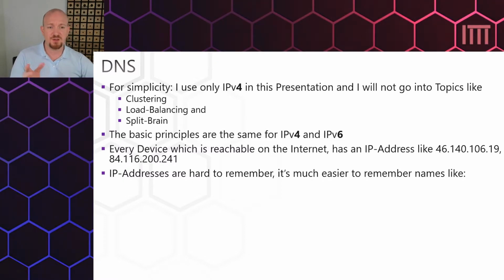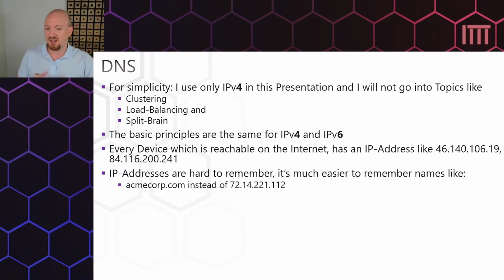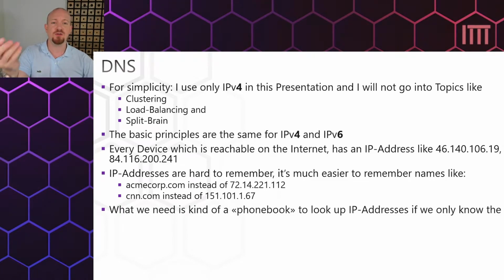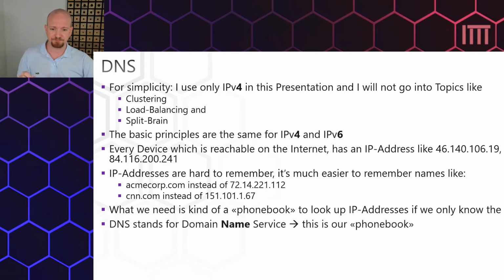It's much easier to remember names like acmecorp.com instead of 72.14.221.112 or cnn.com. So what we need is kind of a phone book to look up an IP address if we only know the name. As I said, DNS stands for Domain Name Service. This is our phone book.